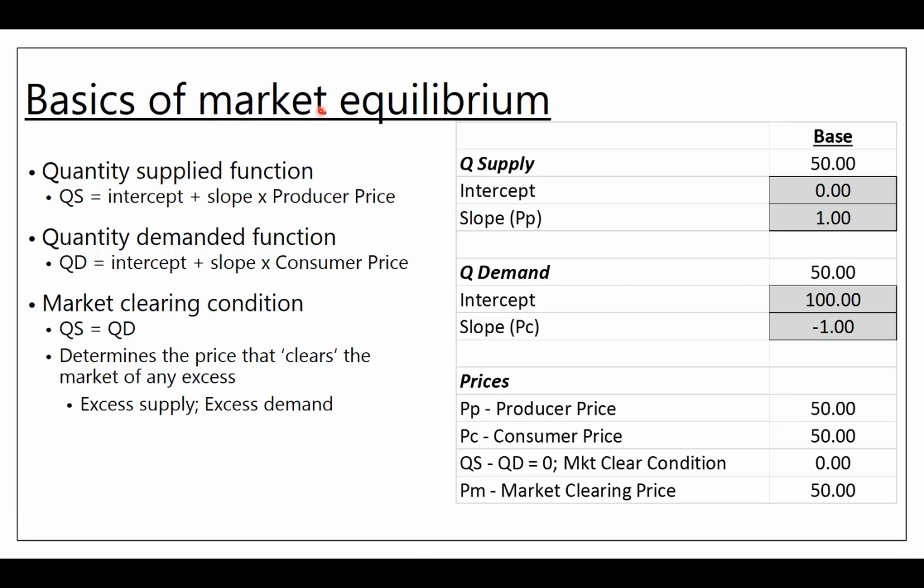Okay, so here are the basics of market equilibrium. We need a function that tells us how quantity supplied responds to a certain price, the producer price. Here I've written it. The quantity supplied function is QS equal to some intercept plus some slope parameter multiplied by the producer price. And we're going to keep individual prices here because, if you recall, in the lectures this week we talked about price linkage equations, meaning we need to identify the specific price as it's seen by the supply side.